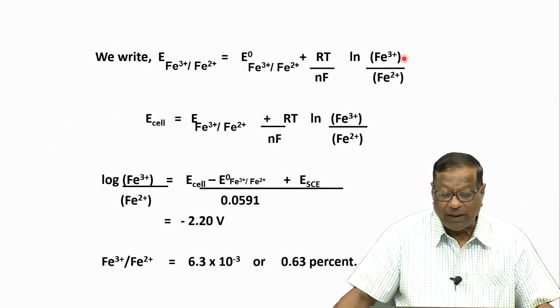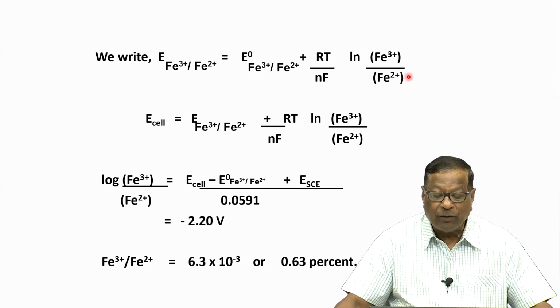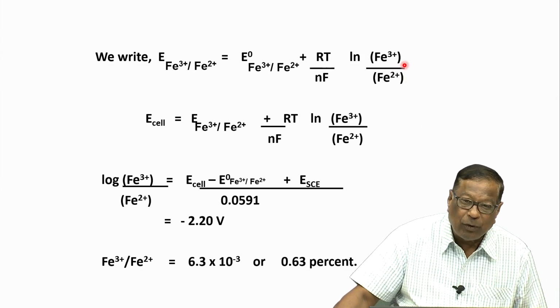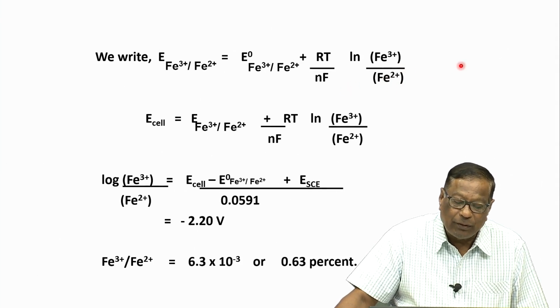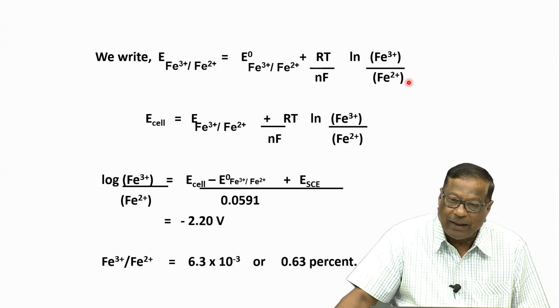Okay. This is oxidized state and reduced state, and whenever oxidized state and reduced state both are in solution, the higher valency would be in the oxidized state. So, it is very simple to write, you do not have to know a lot of chemistry to write it.